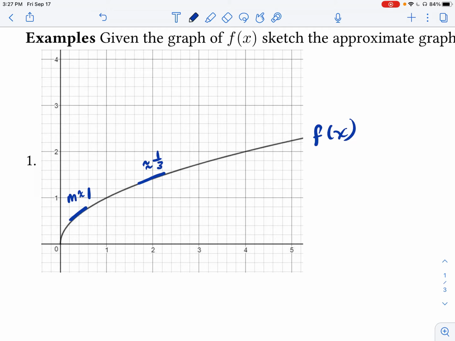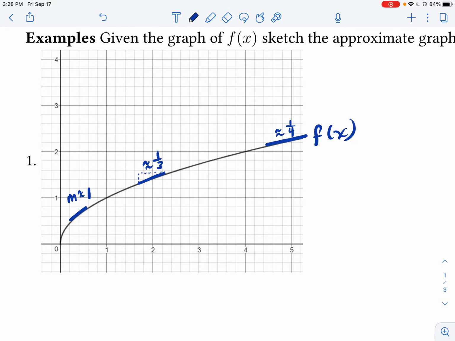It looks like for every 1 unit that we're rising, we're moving over about 3. It's not exact, but we're just approximating. And let's go with another spot towards the end here. If I were to draw a tangent line here, it looks like it has a slope of about 1/4, moving up 1 over 4.